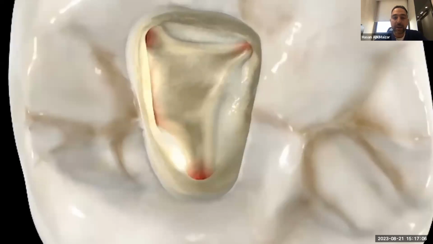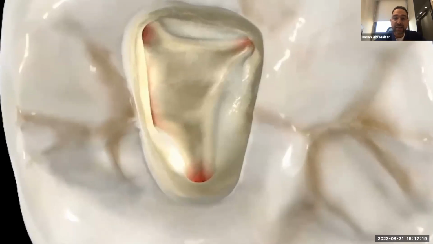All right, glide path. I'm sure that most of you are familiar with the definition of it. Basically, it is to secure the canal from the beginning of the orifice in the pulp chamber, down until you reach the apex of the tooth.